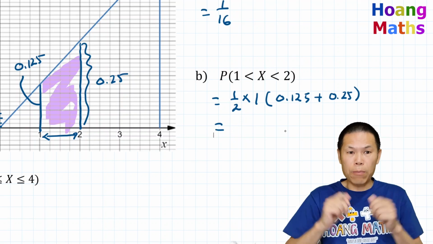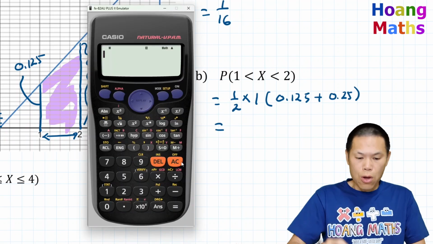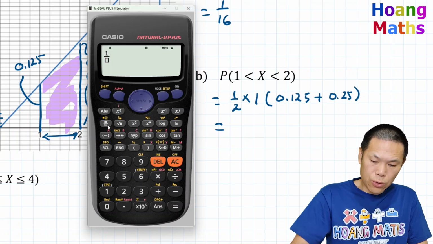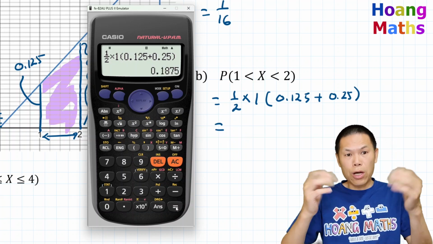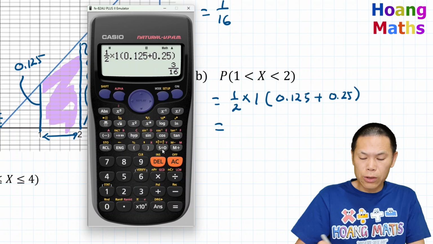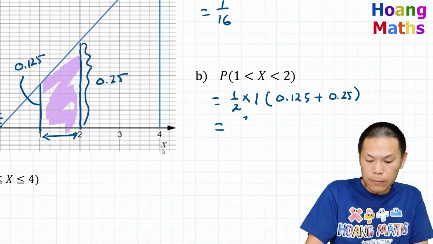Let's work it out using the calculator. So I go 1/2, and we times 1, brackets, 0.125, we add 0.25, close brackets. There you go. Let me press the SD button. So there you go, 3/16.